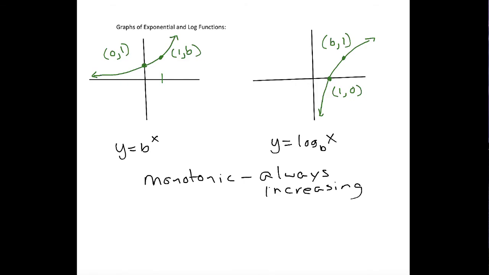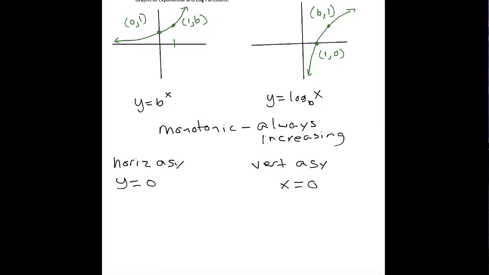Over here, there's a horizontal asymptote that is y equals 0. Over here, there's a vertical asymptote of x equals 0.